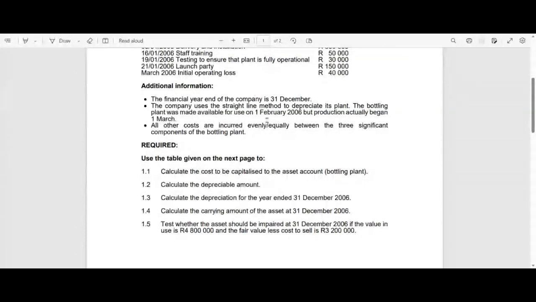I'm sure you all know this by now, but just to make sure, what value do we compare with which other value during an impairment test?